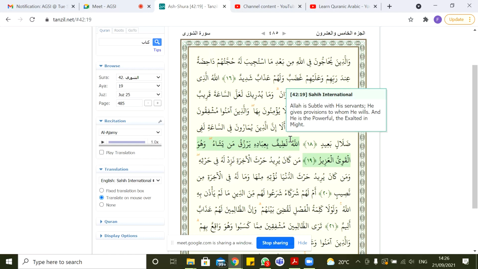So have you heard the term fi mahalli nasb before, in some other lectures? So now you know why it is called fi mahalli nasb, because man yasha'u is itself a jumla fi'liyya, but it is what it's answering. It's answering to whom he provides, and to whom means what? Maf'ul bihi, and maf'ul bihi is always what? Nasb.